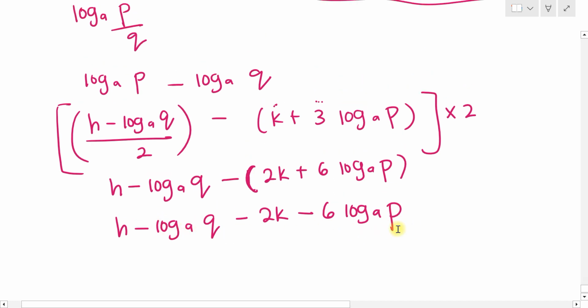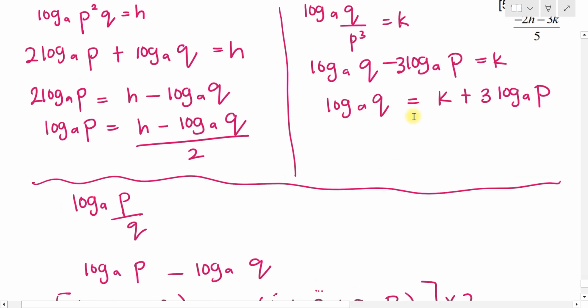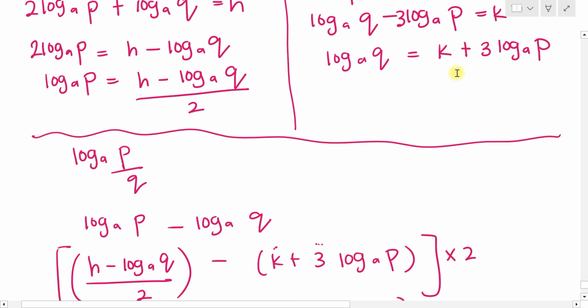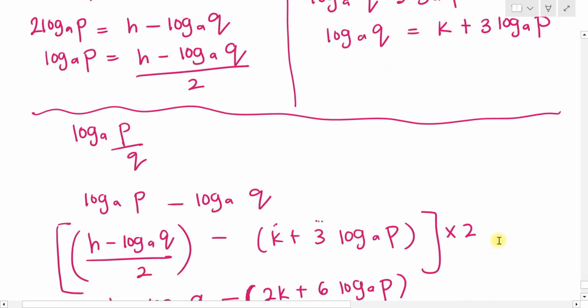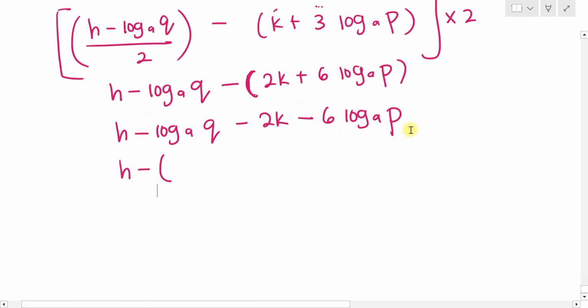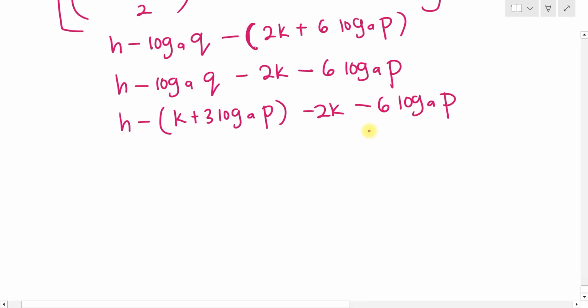Okay, now either you substitute Q or P first. Because now log a Q, log a P we cannot solve. Okay, I try to substitute log a Q lah, easy. K plus 3 log a P. H minus, okay, what is log a Q? K plus 3 log a P minus 2K minus 6 log a P. I don't know how I'm going to get rid of the log, but just we try first.